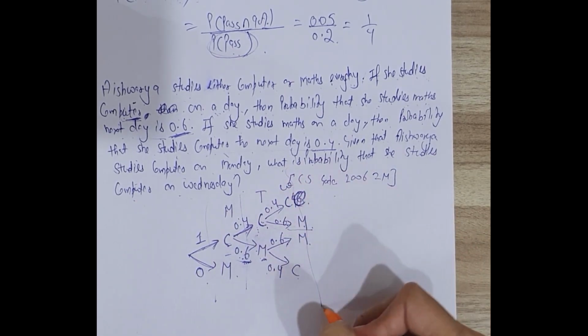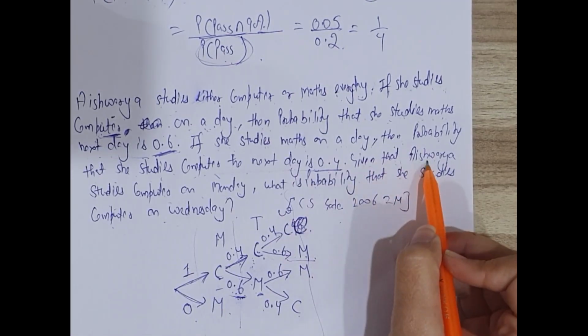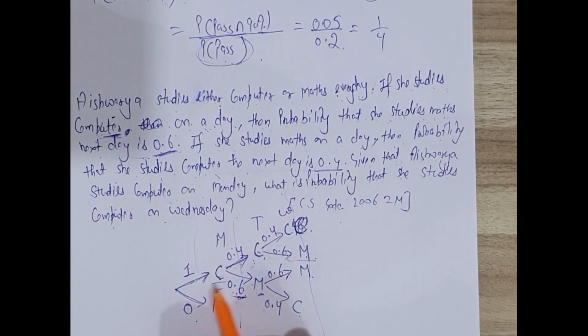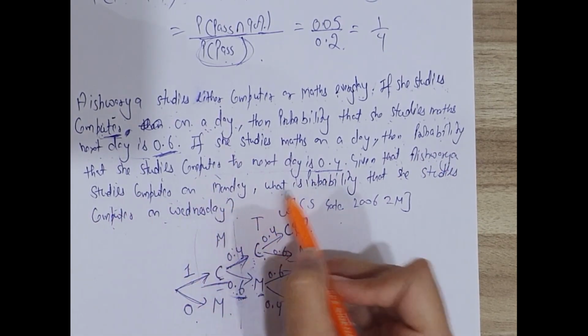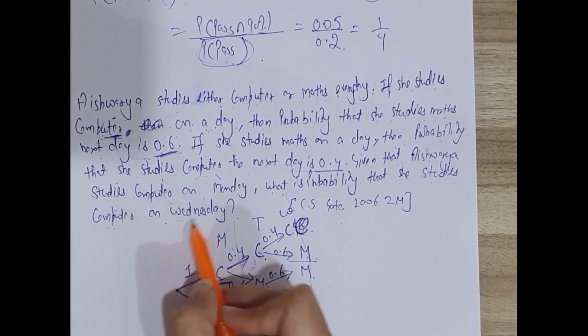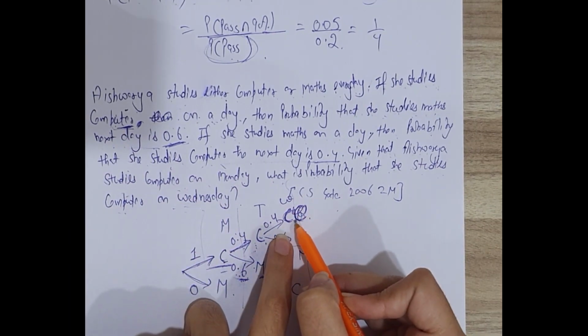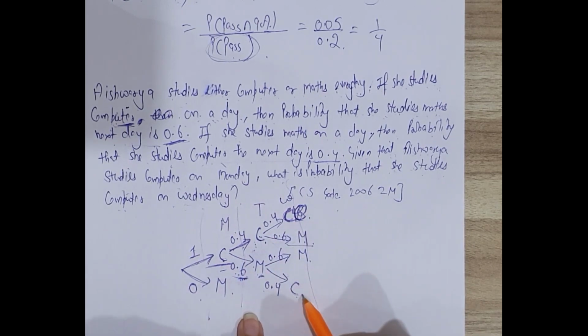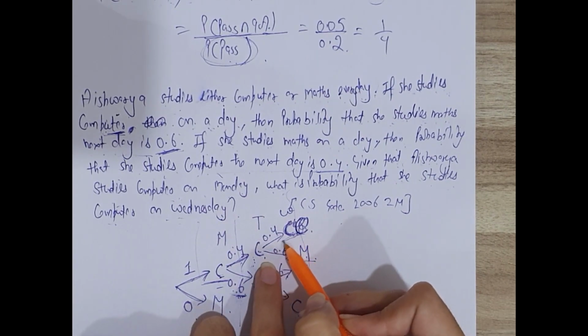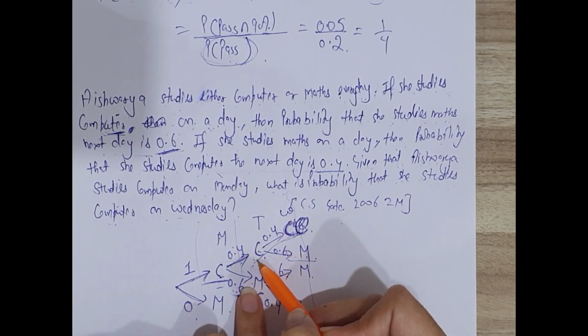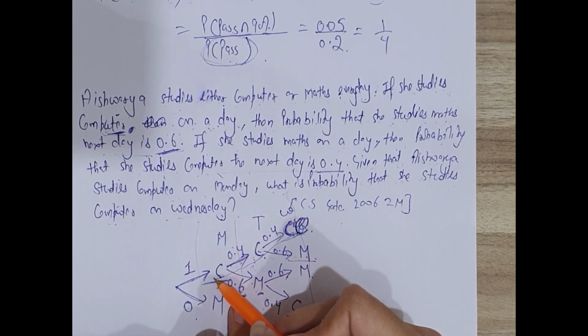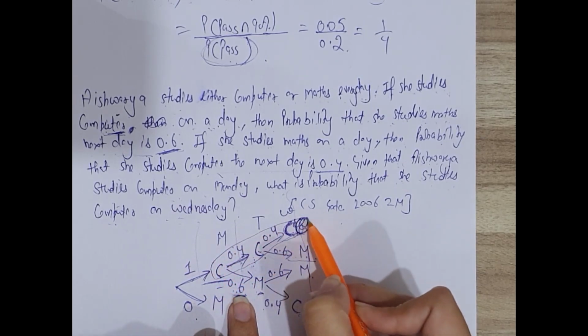Now this is the probability of Wednesday. Given that Aishwarya studies computer on Monday, it's confirmed. Then what is the probability that she studies computer on Wednesday? So there are two probabilities. Studying computer on Wednesday happens when she studies computer on Tuesday and computer on Monday.